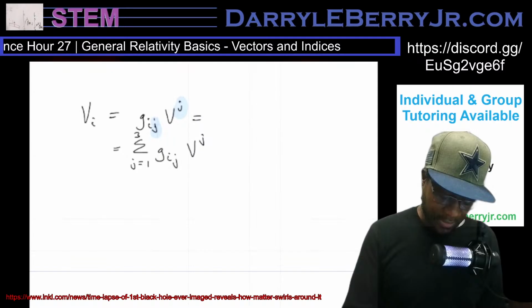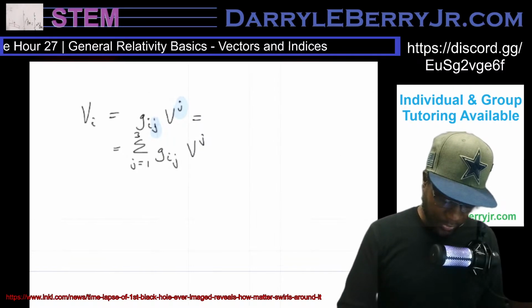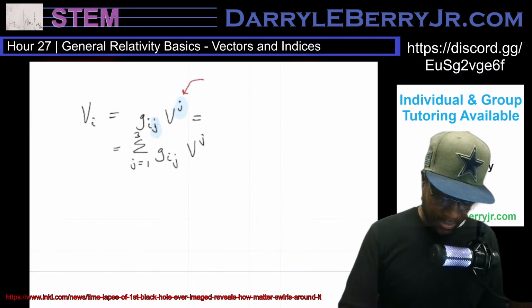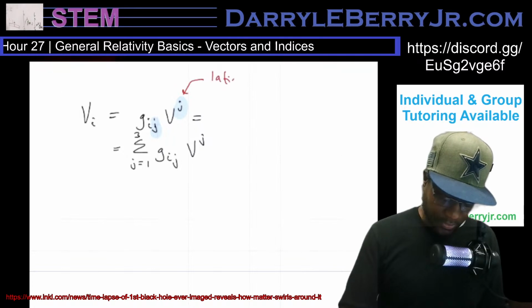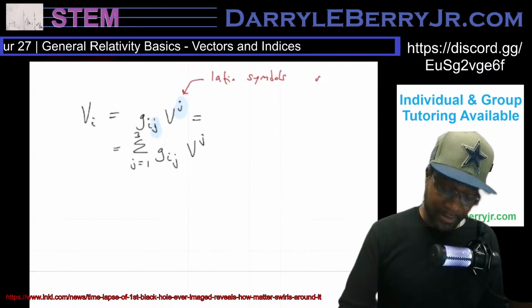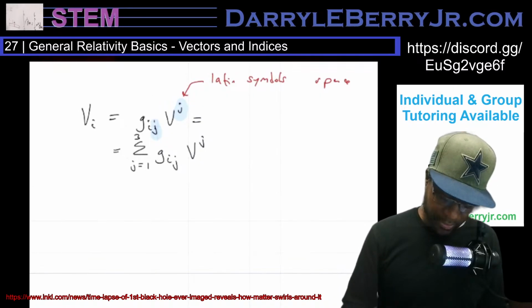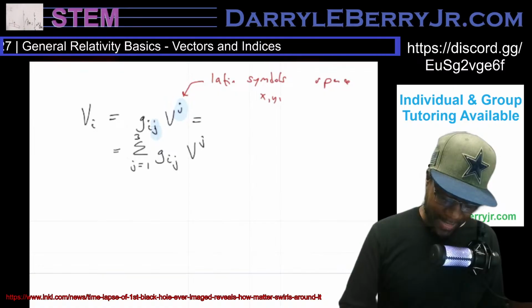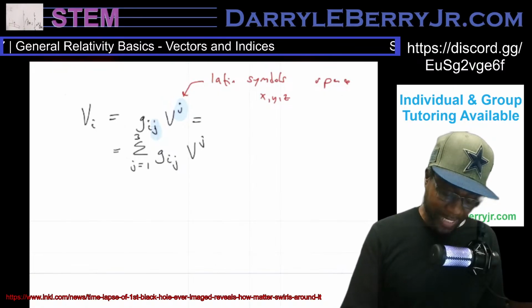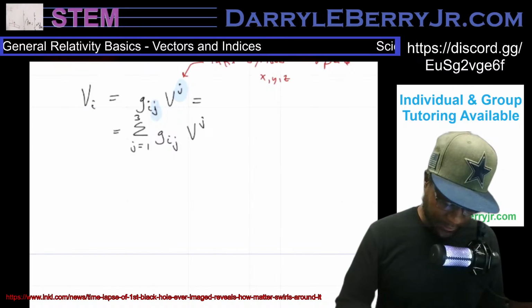Another convention is when you see the Greek symbols, it's space-time. But when you see the Latin symbols, that's just space. So the Latin symbols are only space, x, y, z, and you still have to sum over them whenever you see duplicated indices.